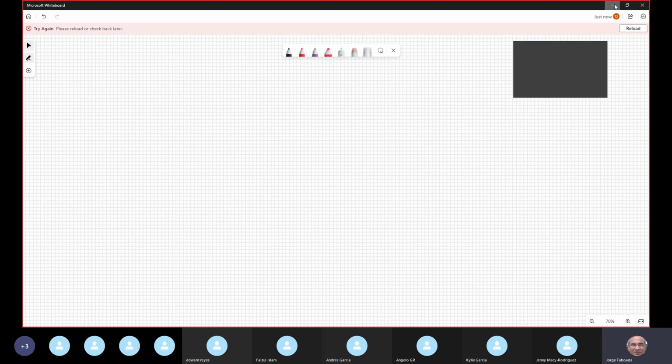Snipping tools. Okay, cool. Save as page 3. Cool. Now, page 4.